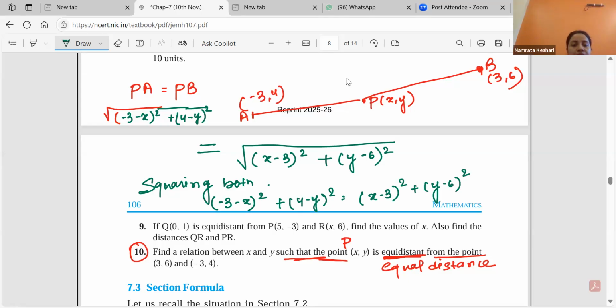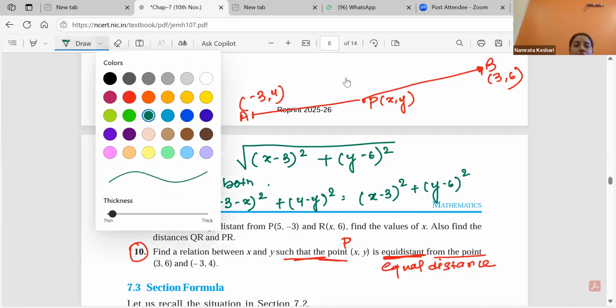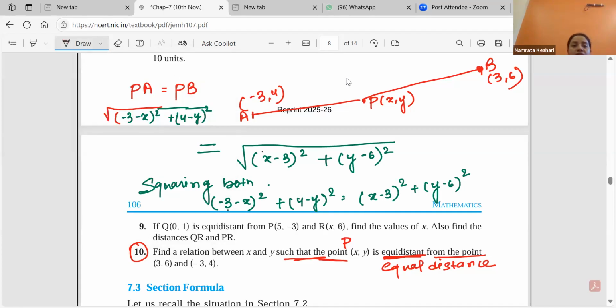Yes, ma'am. Now you just need to expand it by using the formula of (a minus b) whole square and (a plus b) whole square. If you are wondering what to do with this minus 3 minus x, you can take your a as minus 3 and b as just x.